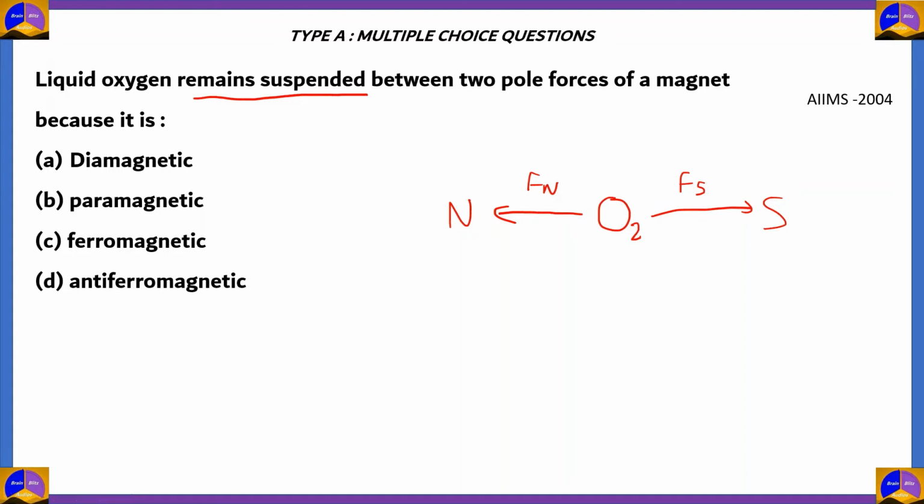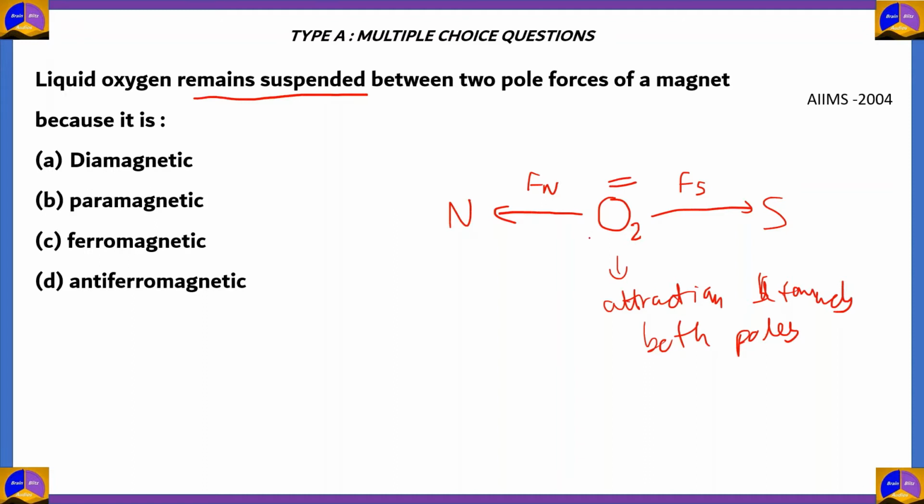So in this situation, we find that there is attraction towards both poles. Both the North Pole and the South Pole are attracting liquid oxygen. The force on the north will be equal to the force on the south.